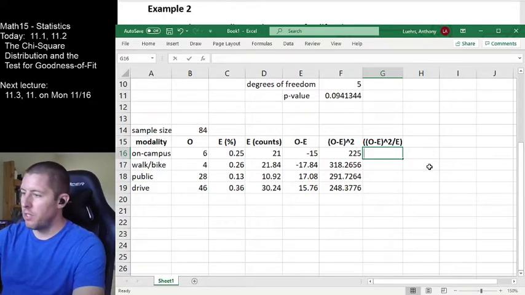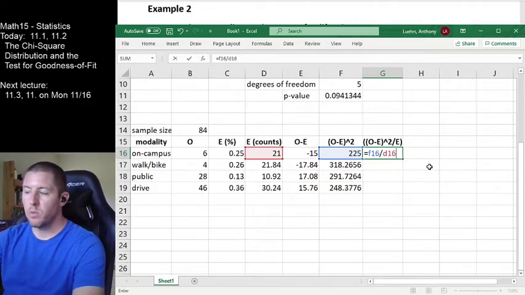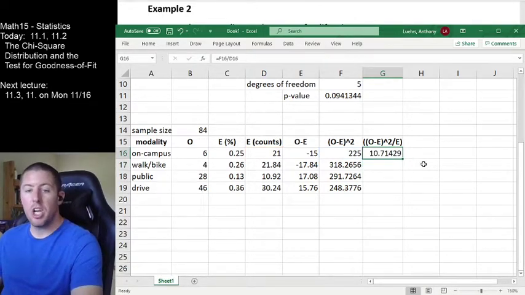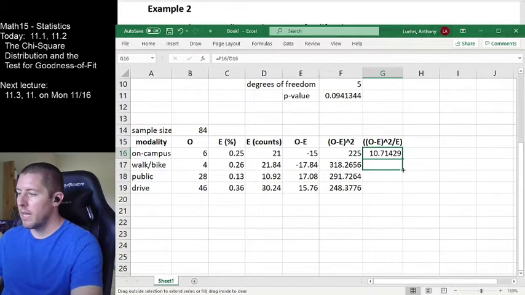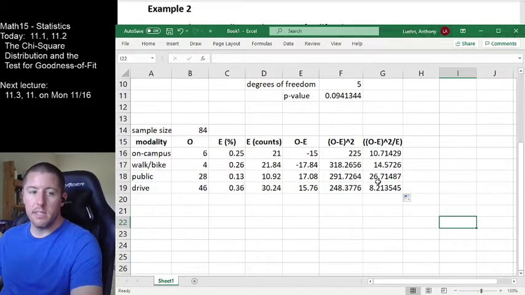So let's now do equals F16. I want to take my difference squared and divide it by what I actually expected to see. That's my D16. So that's what I'm dividing by. And this is telling me how much contribution I'm getting to my chi-squared test statistic. We can see here we're getting a pretty reasonable contribution to the chi-squared test statistic in all cases.